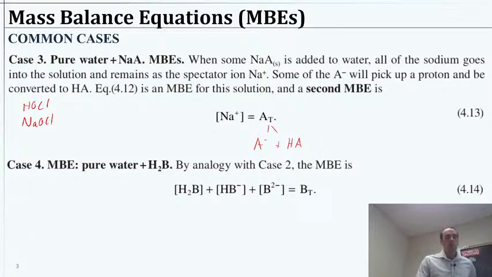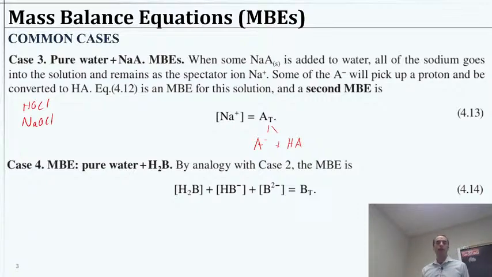Okay, in case number 4, we've got pure water plus H2B. So it's kind of adding something like H2CO3. So this is adding an acid sort of thing. We can use the same exact type of analogy to say that the total amount of B in whatever form it's in is going to be the total amount of B, right?